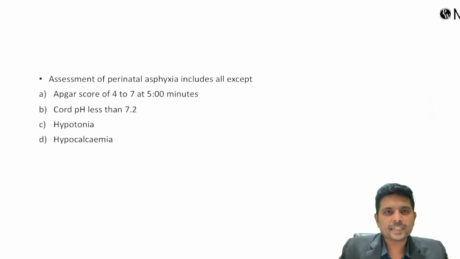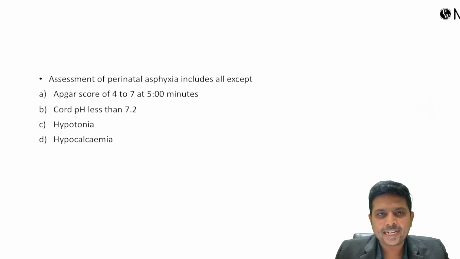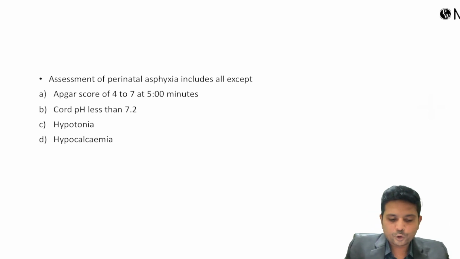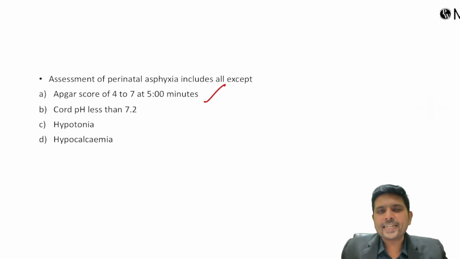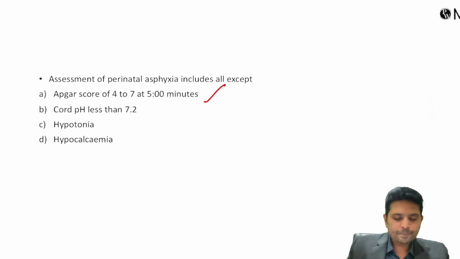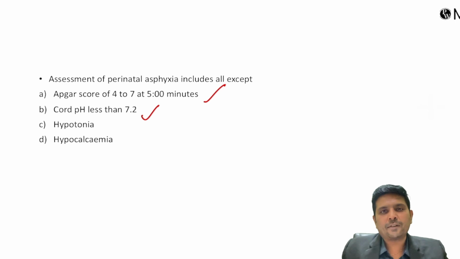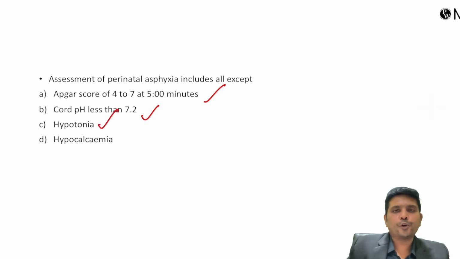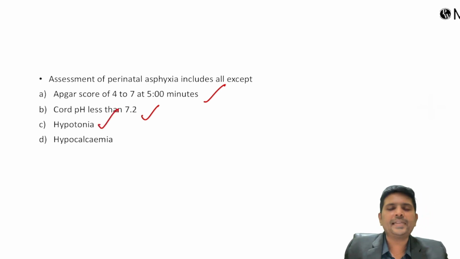Third question. Assessment of perinatal asphyxia includes all except: Apgar score of 4 to 7 at 5 minutes. Yes, it is included in the criteria for perinatal asphyxia. Cord pH of less than 7.2 indicates hypoxia and lactic acidosis. Yes. Hypotonia indicates multi-organ dysfunction involving neurological illness leading to hypotonia.